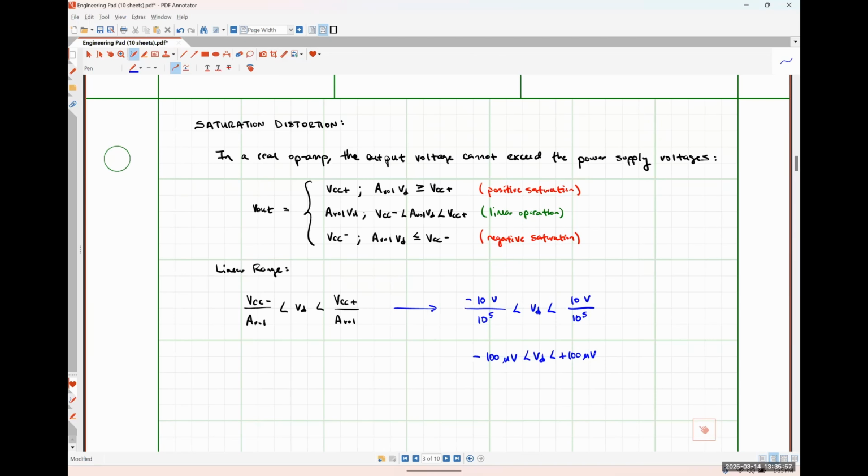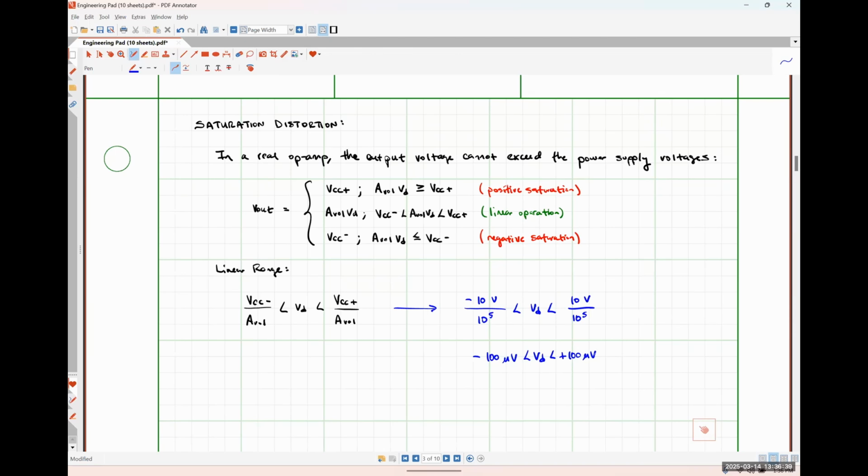Just for what it's worth, because this is kind of a common misconception. I chose to use 100,000 volts per volt as the open loop voltage gain for an op amp. That is literally coming from the data sheet as a typical value, but you would be hard pressed to find an actual op amp whose open loop voltage gain is consistent from one produced device to the next, just because of small manufacturing errors in the microfabrication process.